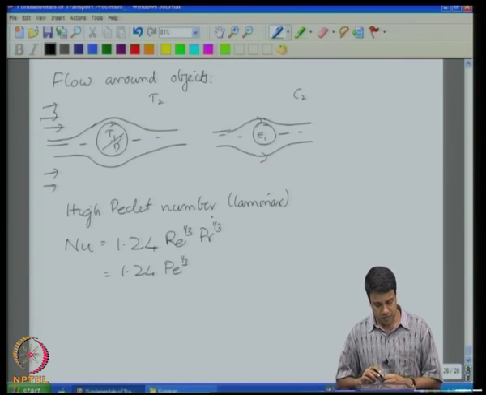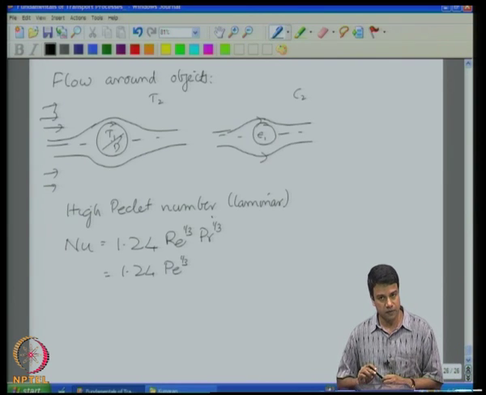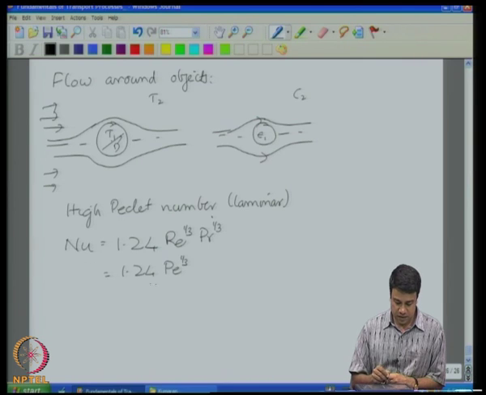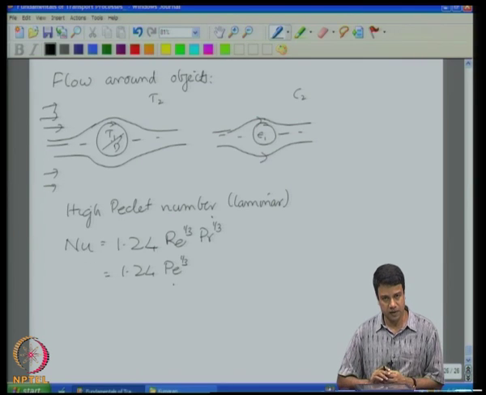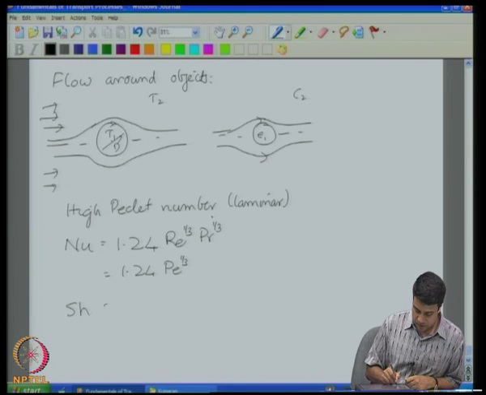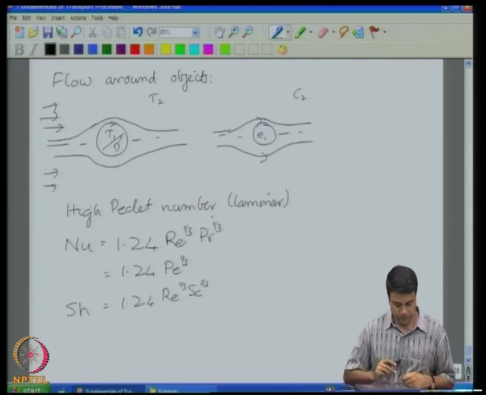So, Nusselt number goes as the Peclet number to the power of 1/3. Peclet number is the ratio of convection and diffusion. So, the effect of convection is large, but still the Nusselt number is depending upon the diffusivity, is depending upon the Peclet number. And the equivalent for mass transfer is Sherwood number is equal to 1.24 times Re power 1/3 Schmidt number power 1/3.